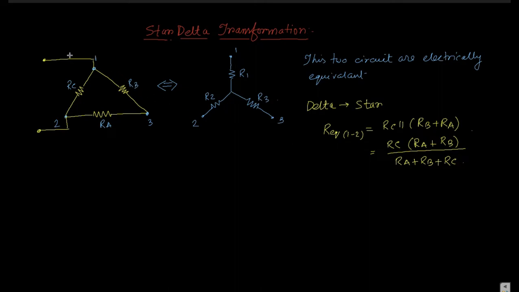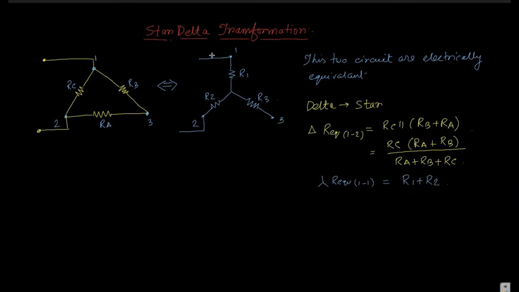That is the equivalent resistance for the delta if 1 and 2 are connected. For the star, if terminal 1 and terminal 2 are connected, what is the equivalent resistance? For the star, R equivalent between 1 and 2 is nothing but R1 plus R2.